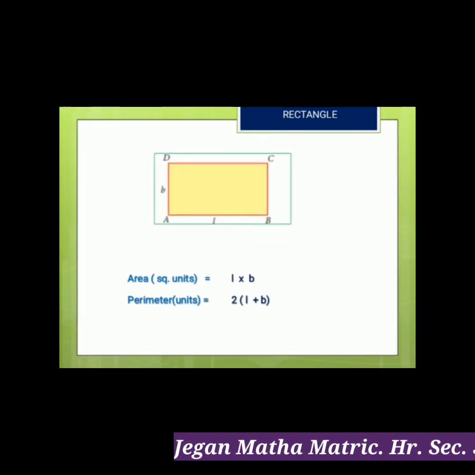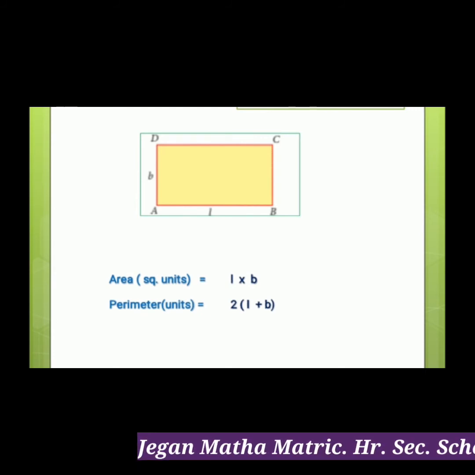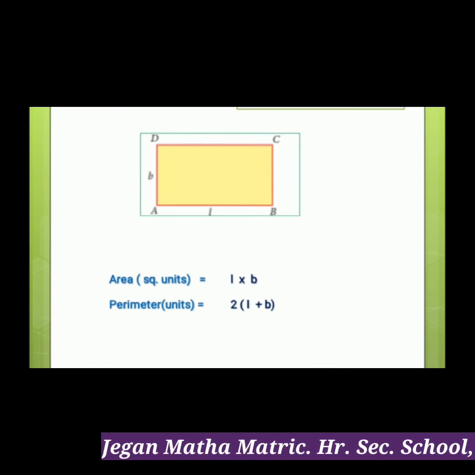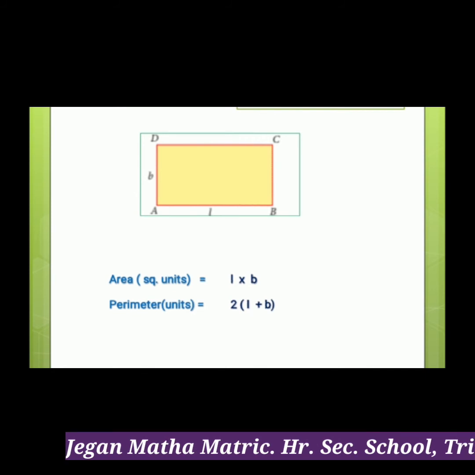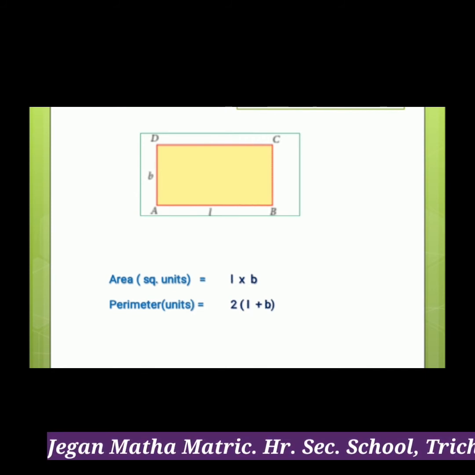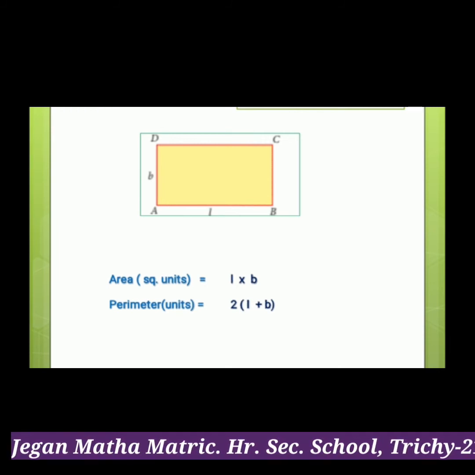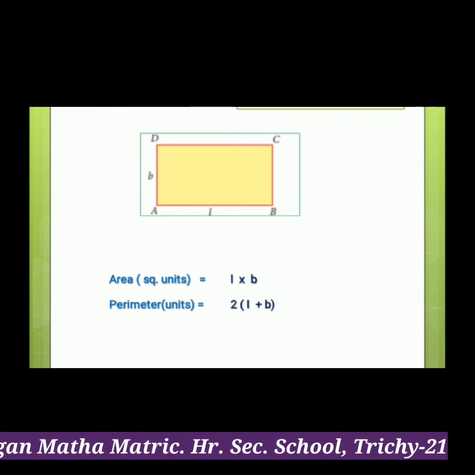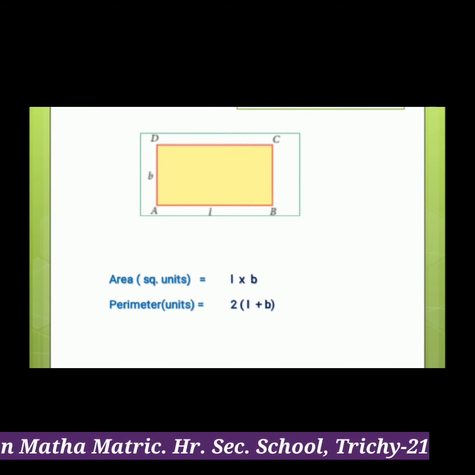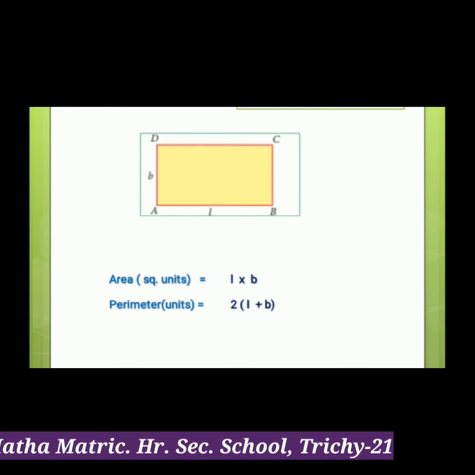The next one, rectangle. A rectangle has two pairs of equal sides, that is AB is equal to CD, AD is equal to BC. The longer side of a rectangle is the length and the shorter side is the breadth. Here AB and CD are length, AD and BC are breadth.